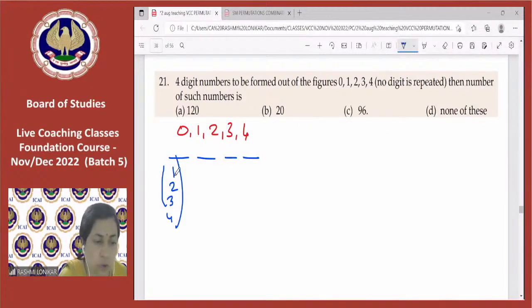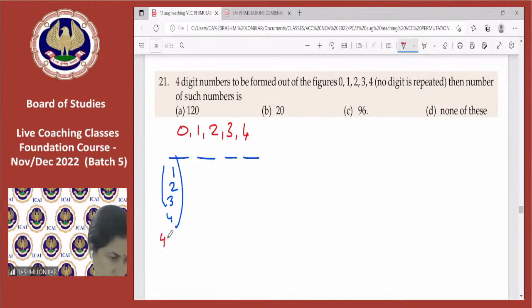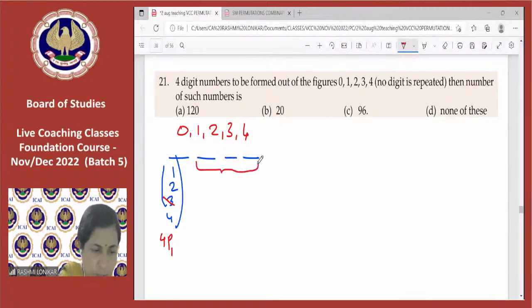Okay. So out of this 4, I want to select 1. So what will this be? This will be 4P1. Once I have selected one number, suppose I selected 3 over here. How many will be available? Suppose I have written 3 over here. Okay, my 4-digit number is starting with 3. Then what are the numbers available? Here I can write 0.